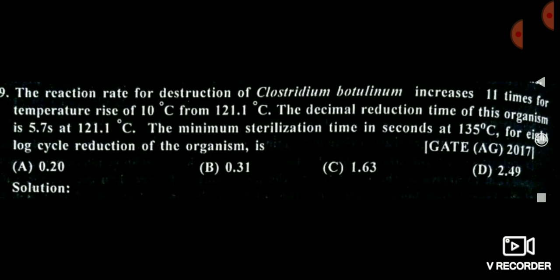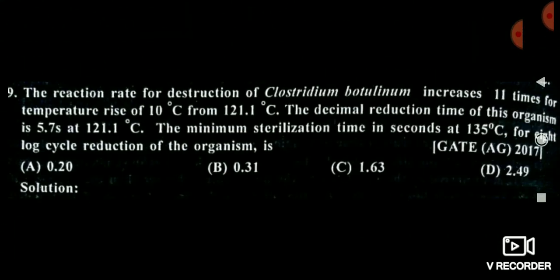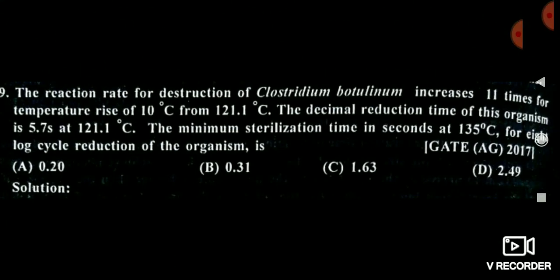Means log base 10 K1 by K2 is equal to log base 10 D2 by D1, because K and D are inverse of each other. So K1 by K2 is equivalent to D2 by D1. So by using that only I have calculated. You see here, it is written that temperature rise of 10 degree centigrade from 121.1 degree. So if you raise the temperature by 10 degree from 121.1, you get the temperature 131.1.